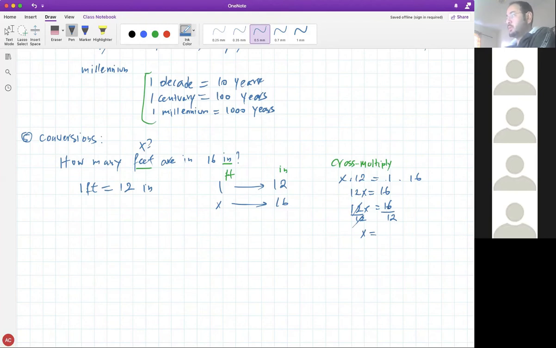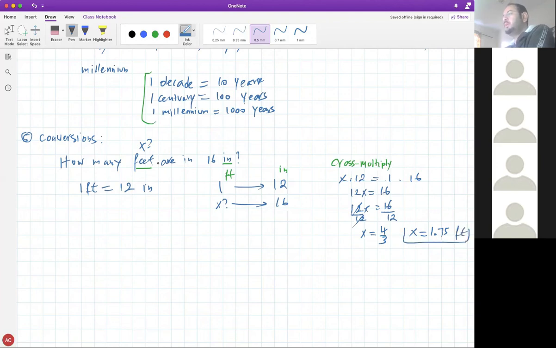If we reduce this by at least 4, it'll be 4 over 3. And that's approximately 1.33. Then don't forget the unit. We're missing feet. So feet and inches, 1 to 12, X to 16, the X should be 1.33 feet.